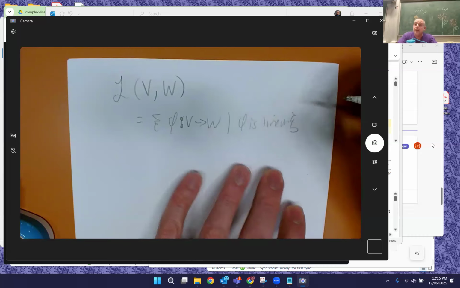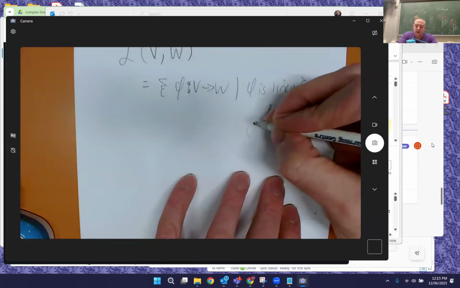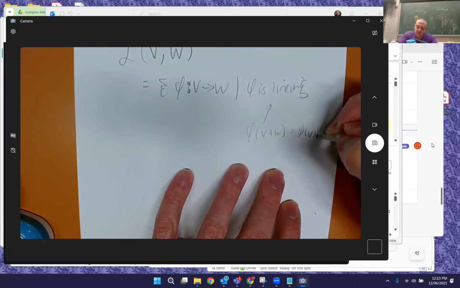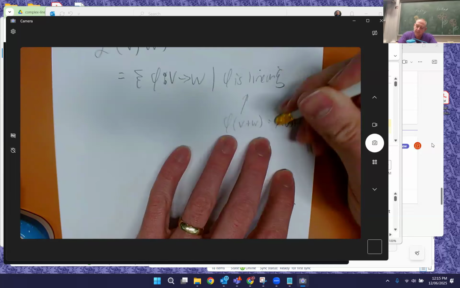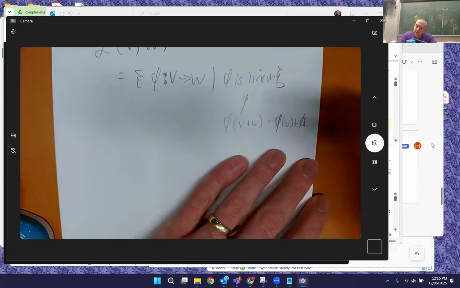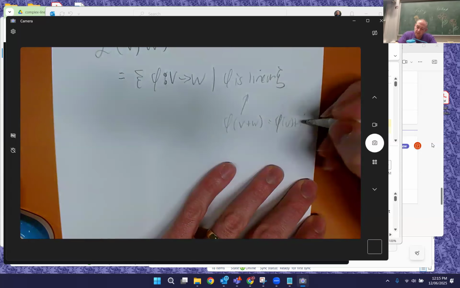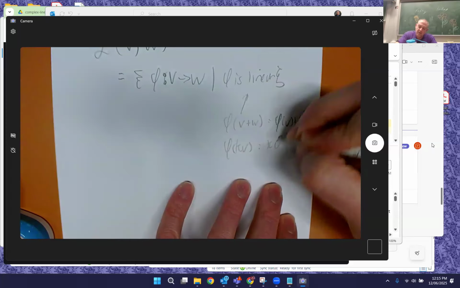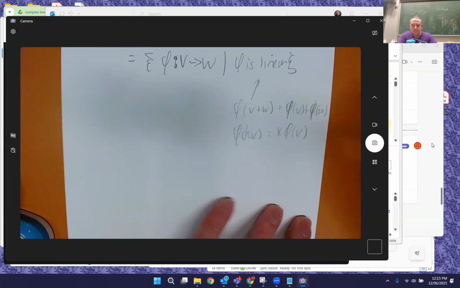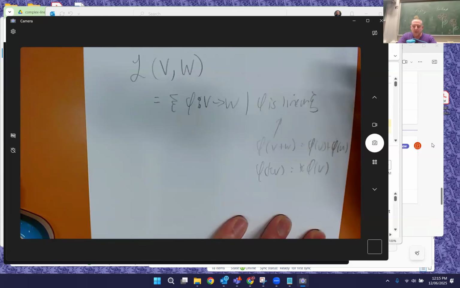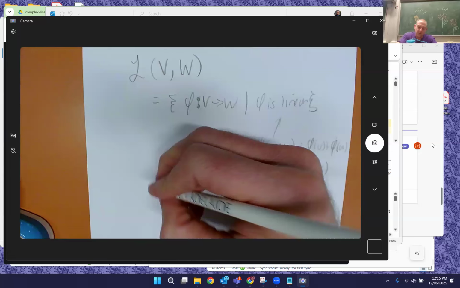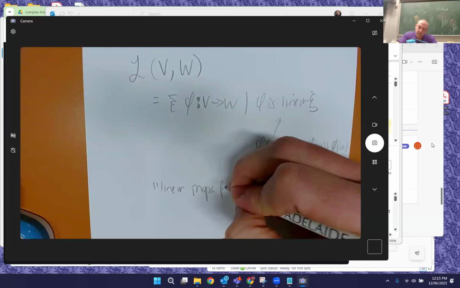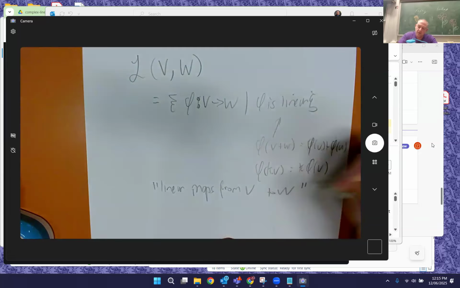Right? Where by linear we mean that phi of v plus w is phi of v plus phi of w. I don't like the curly phi. And phi of kv is k phi of v, right? Okay, cool. And so, yep, right. So linear maps from V to W. Okay, cool.